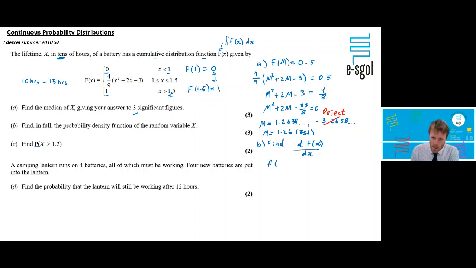If you differentiate it, then we get 8/9 x plus 8/9. Okay, I multiplied out the brackets and then differentiated it.